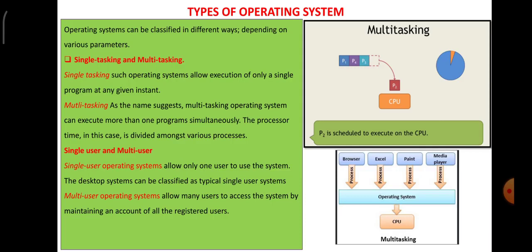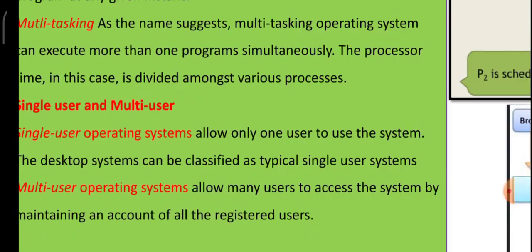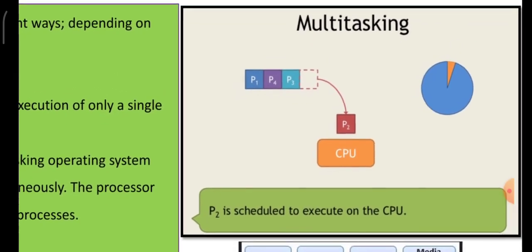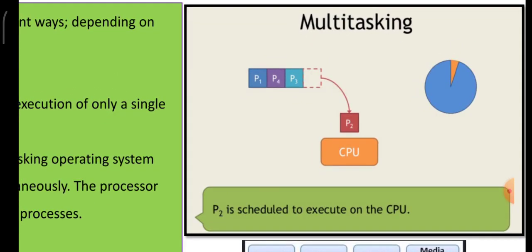But what is multitasking? As the name suggests, multi means many. I have clearly given you a picture on the right hand side. P1, P2, P3, P4 are nothing but programs. Here you can see P1, P4, P3 and P2. All these are programs, and the CPU is below.